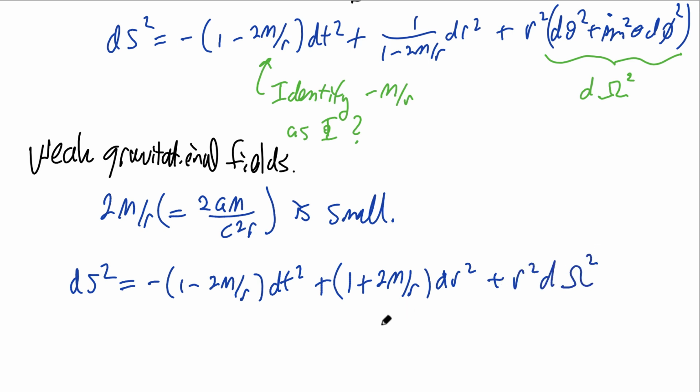Now the next thing we want to be careful about, before we dive in and identify minus m over r as the Newtonian potential, is the ambiguity in this radial coordinate r. Recall that the r coordinate that appears here is the areal radius. So it gives us the usual Newtonian or flat space expression for circumferences and areas of spheres.